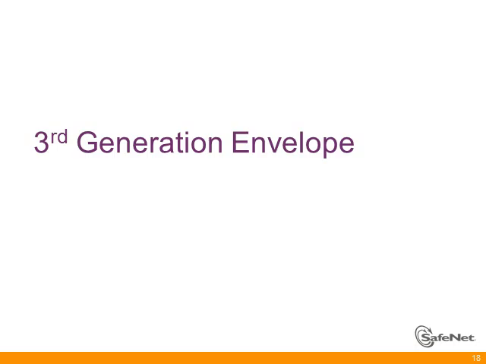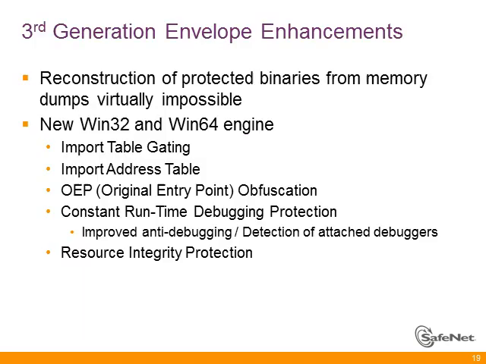So SafeNet identifies its current generation envelope as Envelope NG, or the next envelope, next generation. The first enhancement of the License Development Kit, or LDK's third generation envelope, introduces enhanced security protection.